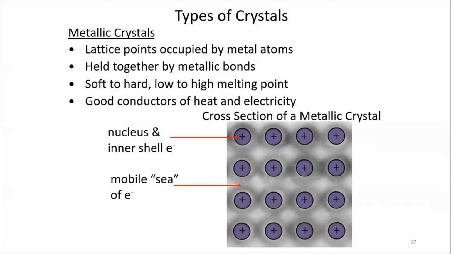That is what allows metals to be such good conductors of electricity, since those valence electrons are not held tightly to each individual atom, but are pooled across the structure of the metal. If I apply a voltage across here, it'll be easy to move those electrons from the negative towards the positive pole of that voltage field.